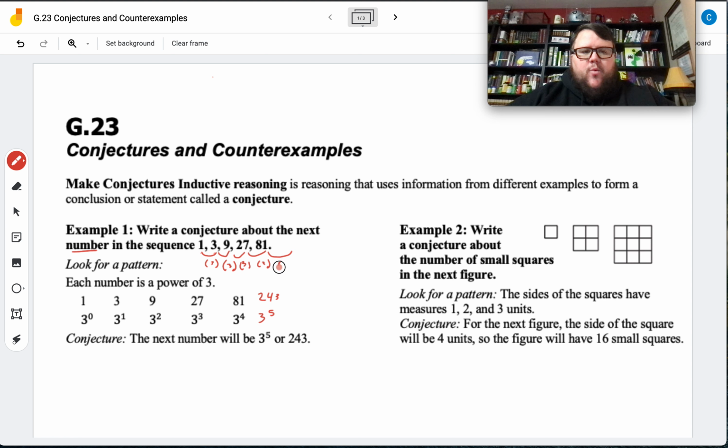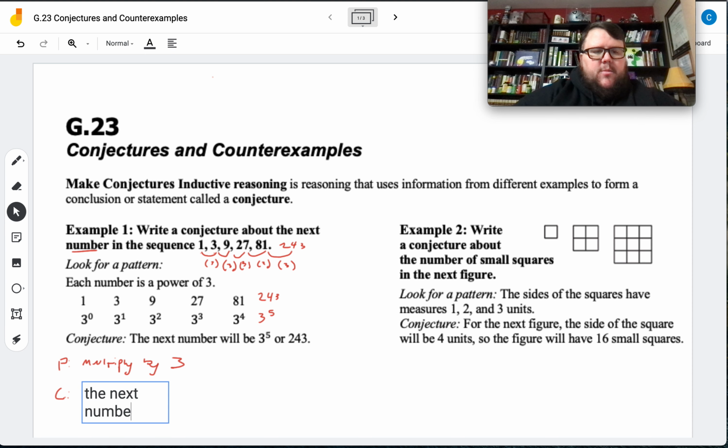Then 81 times 3 is 243. So my pattern would be multiply by 3, and my conjecture is the next number will be 243.